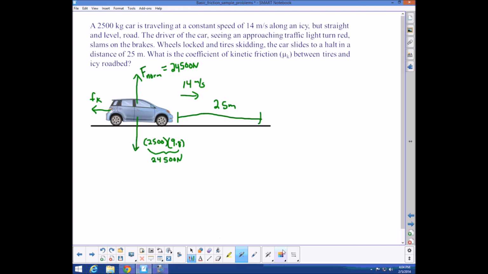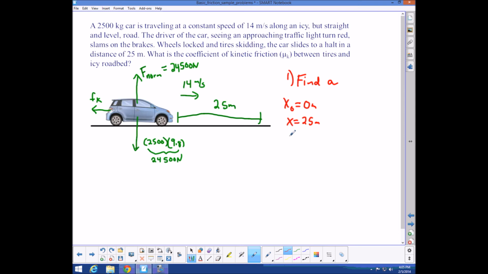Now, to solve this problem, you have to recognize that the first thing that you need to do is calculate the acceleration. So we're going to need that acceleration to get the net force that acted on the car. So we know that the car started at a position of 0 meters and it ended at a position of 25 meters. Again, we can choose the origin to be wherever we want.